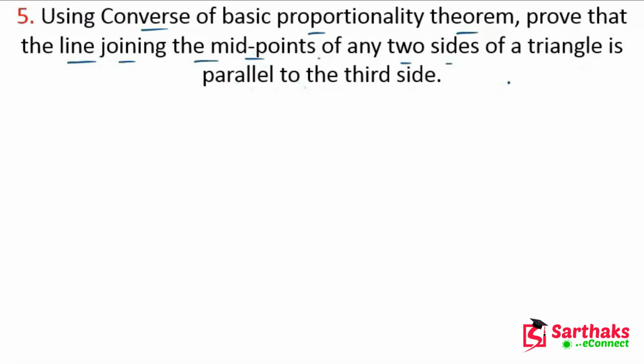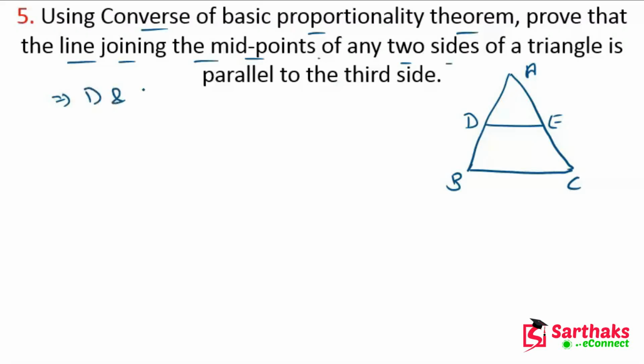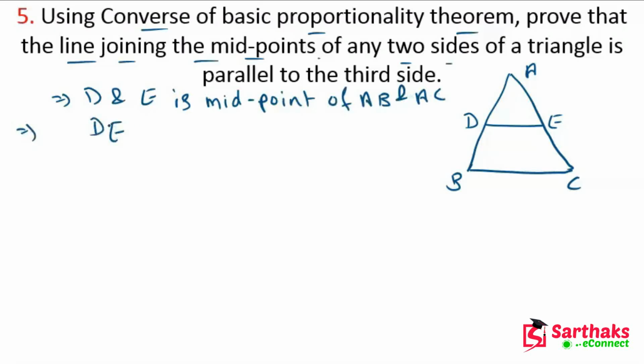Let's suppose this is a triangle ABC, and we have the line DE. We are given that D and E are the midpoints of AB and AC. We have to prove DE is parallel to BC.